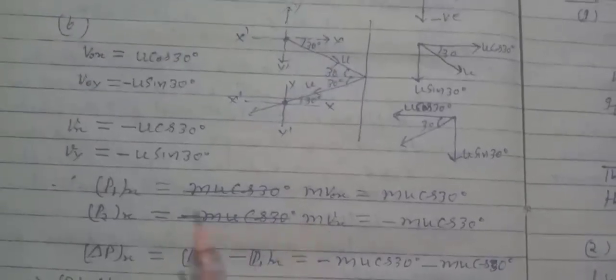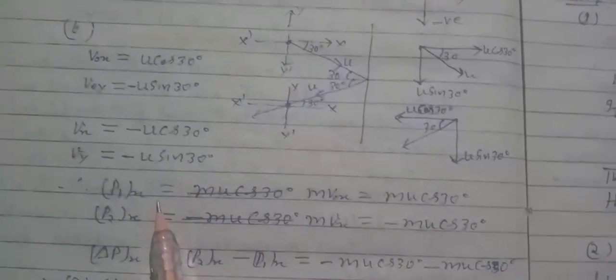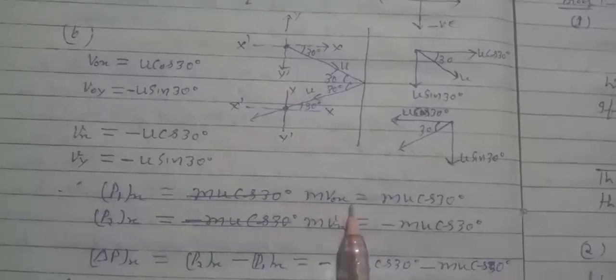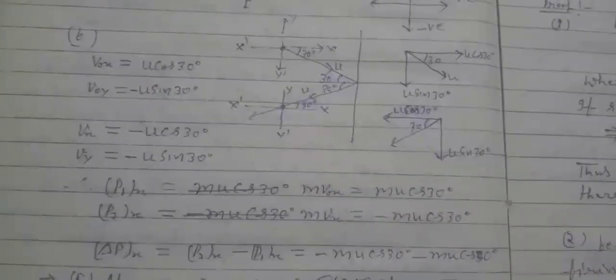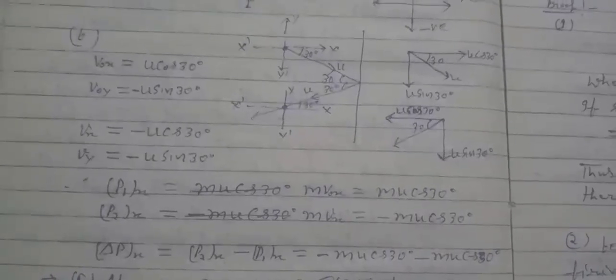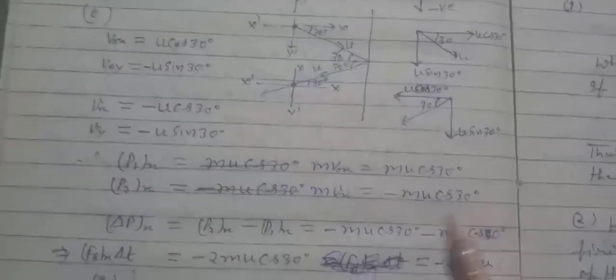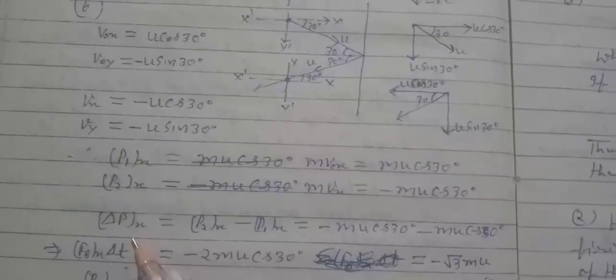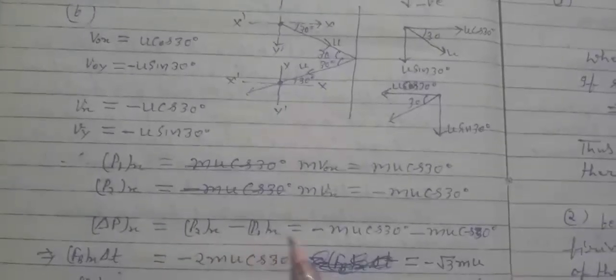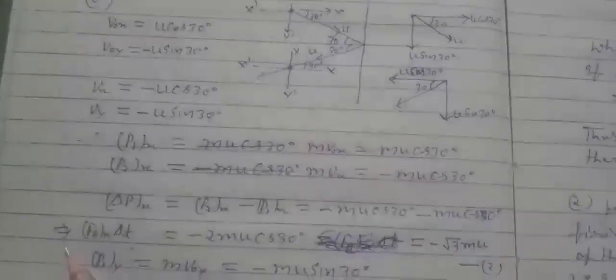Now we can write in terms of momentum. P1x is the momentum along the x-axis before striking, m v naught x equals mu cos 30 degrees. Again P2x is the final momentum along x direction, that is m into vx, equals minus mu cos 30 degrees. So the change in momentum along x direction, delta px equals p2x minus p1x, equals minus mu cos 30 degrees minus mu cos 30 degrees.